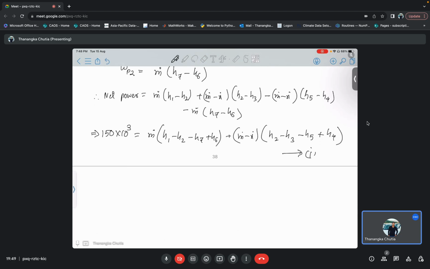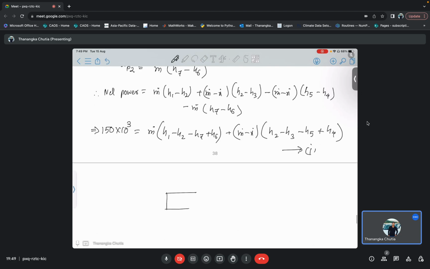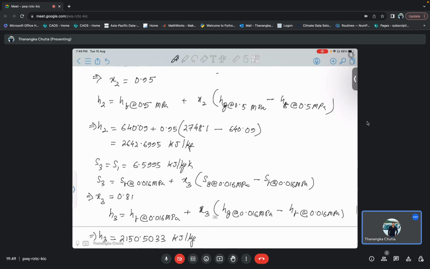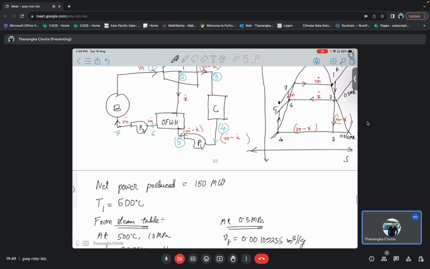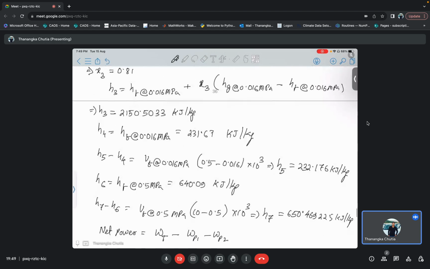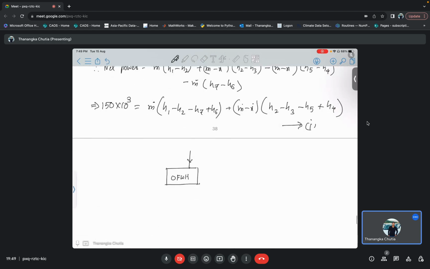So what we can do, let us look at the feed water heater, the open feed water heater. From here, what is the point that is coming in the feed water heater? The entry point is 2. Yes or no? And how much mass is coming? x dot mass is coming, and this is my point 2.